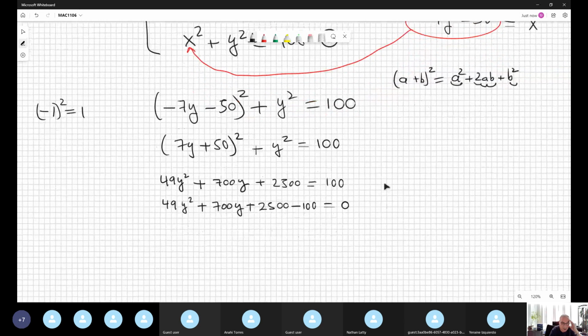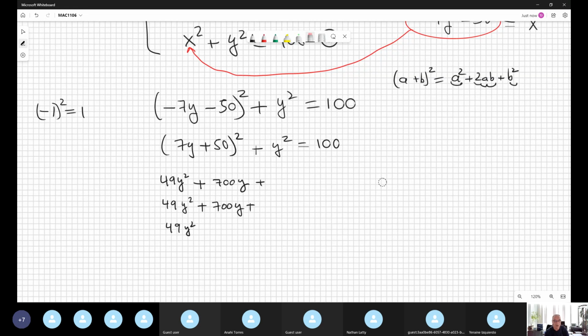If we combine like terms, okay, by the way, it's 2400. No, 49 y squared. There's something that you don't see here: y squared. I forgot something. Sorry, I forgot this y squared. No, wait.